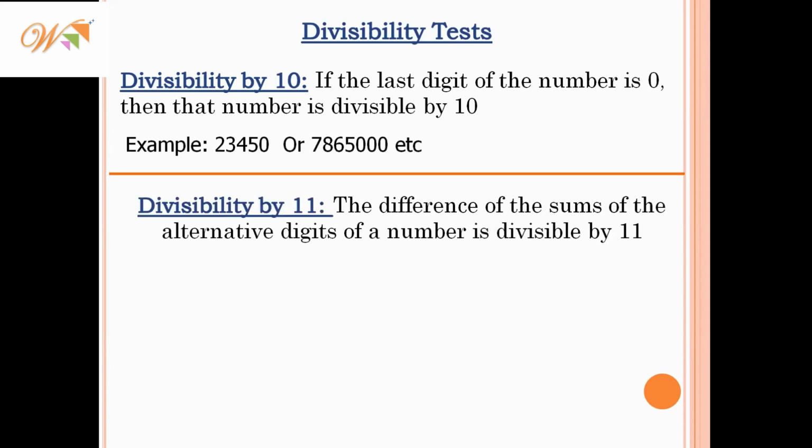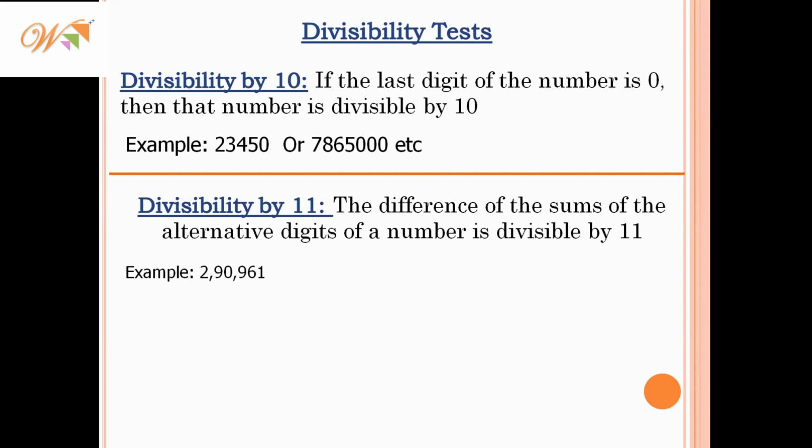Divisibility test by 11. This test says that if the difference of the sums of the alternate digits of a number is divisible by 11, then the number will be divisible by 11. Let's understand this with an example.